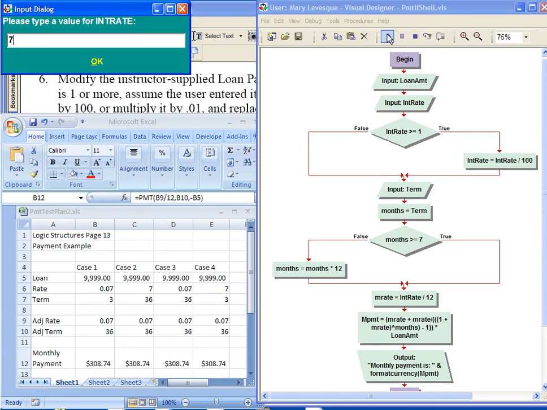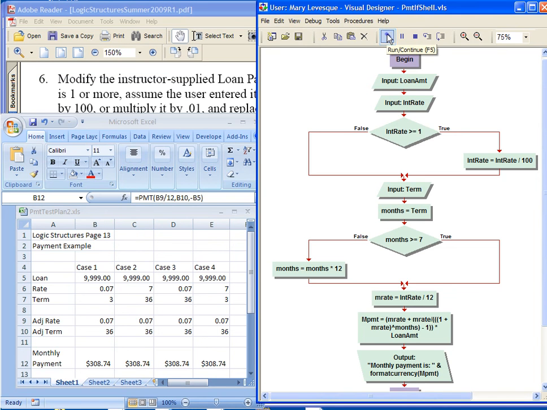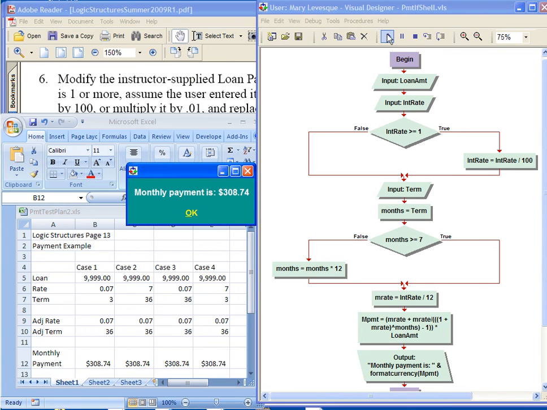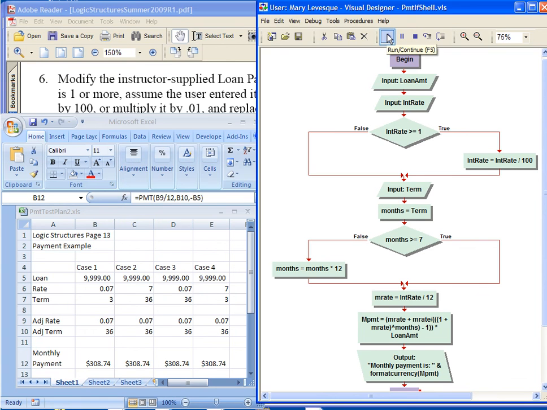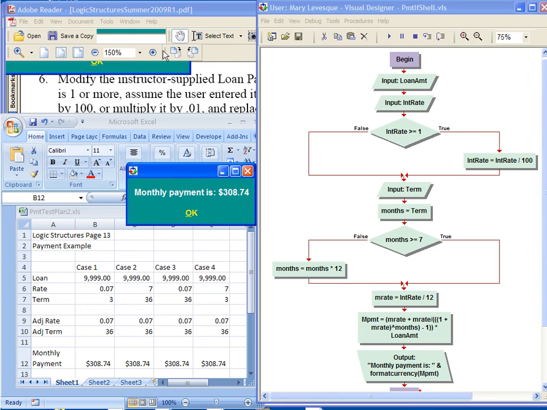Int rate 7, term 36. Got 308.74. $308.74. So we got the same results each time.